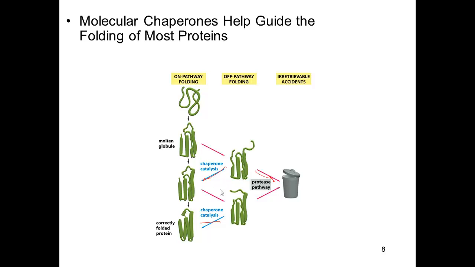This can happen a couple times, and every time that it goes to the chaperone, there is a chance that it will be shuttled, marked for destruction. However, if it's correctly folded, it will no longer interact with the chaperone, and it can diffuse away to perform its function.